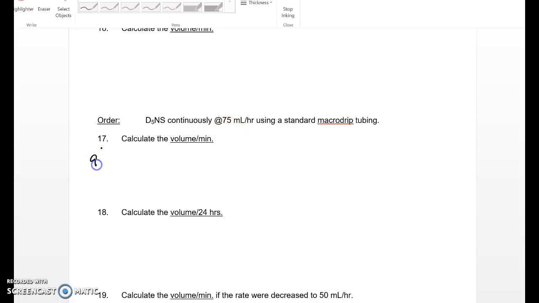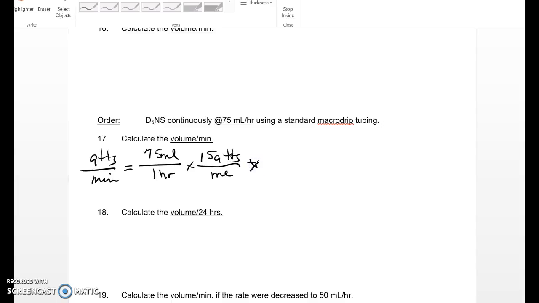So I'm looking for drops per minute, and we're going to give D5W continuously at 70 milliliters per hour. So we have our 75 milliliters, and it's going to be over 1 hour. Okay. Our drop factor is 15 drops per ml.